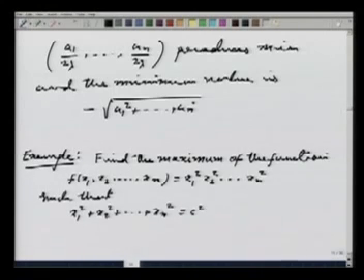Look at the given function f, and we want to maximize the function over the sphere x1 square plus x2 square plus xn square equals c square. That means it's a sphere of radius c.